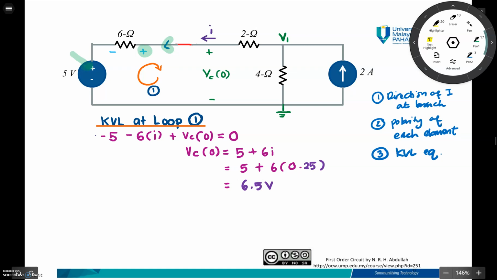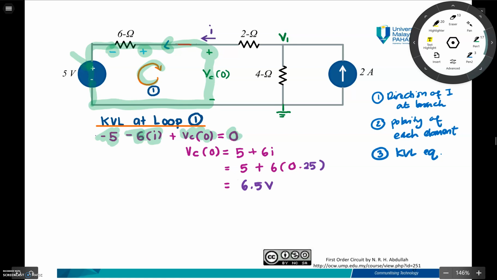Okay, KVL at loop 1, as you can see here. I start with the 5 volt source, going clockwise. So I start from here, then it should be minus 5, and then minus 6 times I, plus VC naught, and then equal to 0.